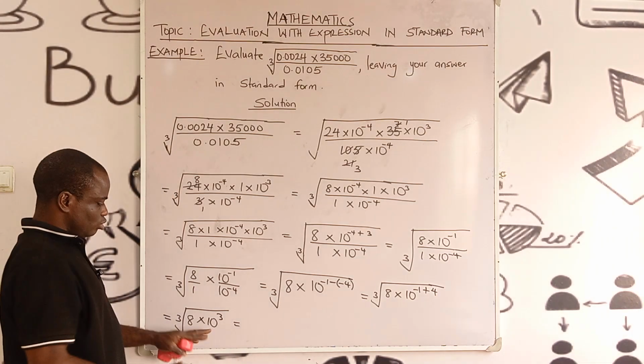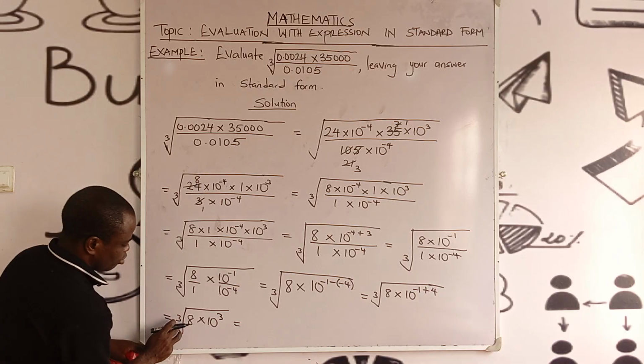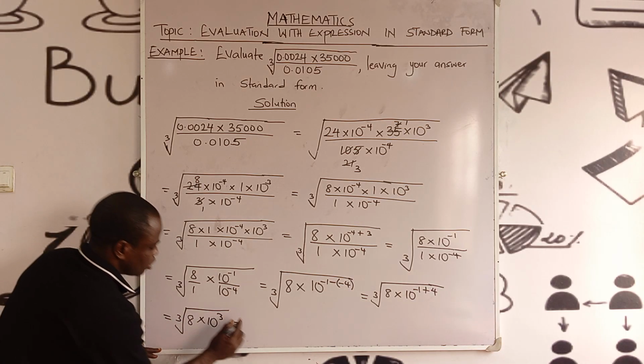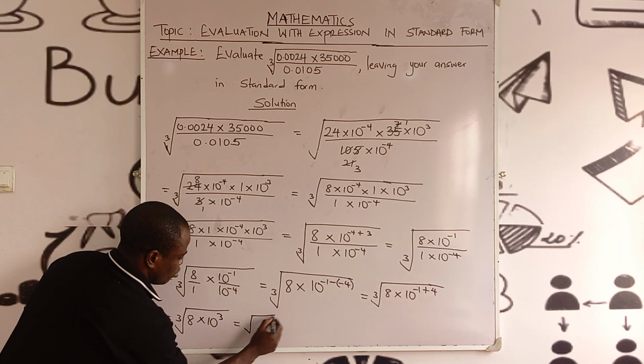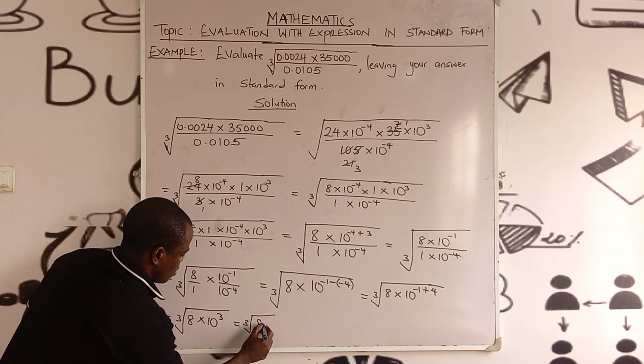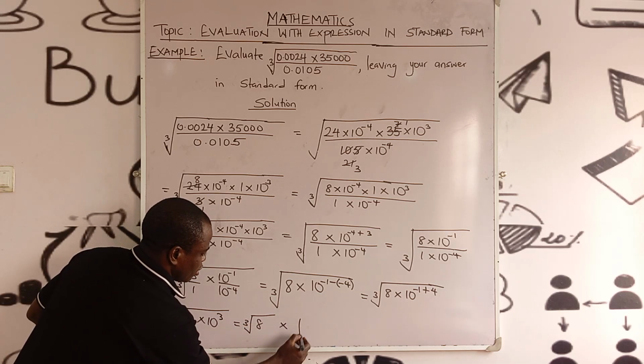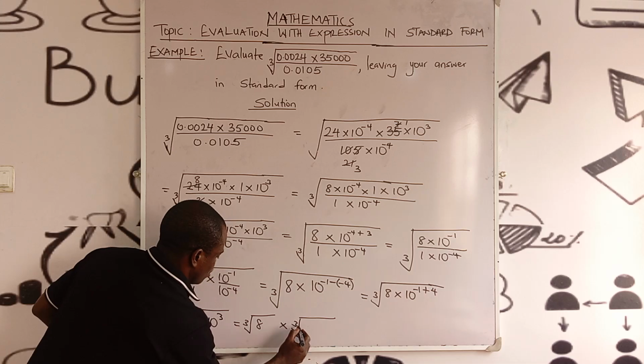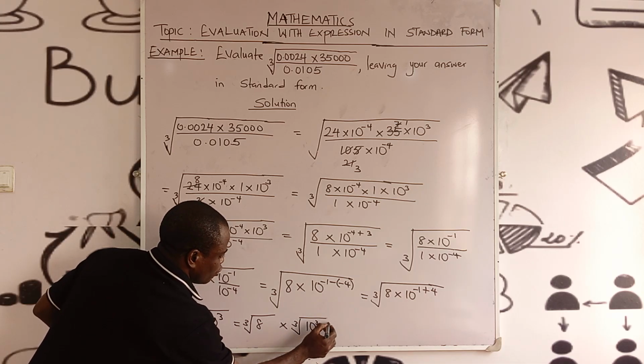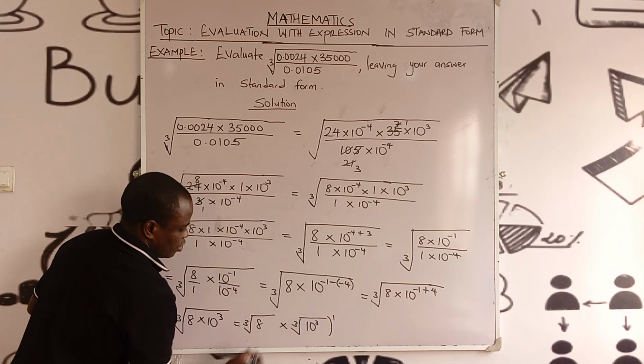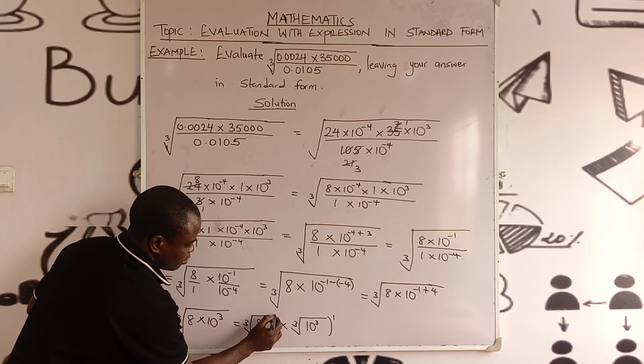I want to analyze the two. Now, this cube root is for 8 and 10 raised to power 3. Now, cube root of 8 multiplied by cube root of 10 raised to power 3. Don't forget that there's 1 here, also there's 1 here.